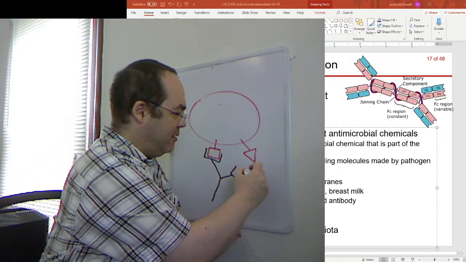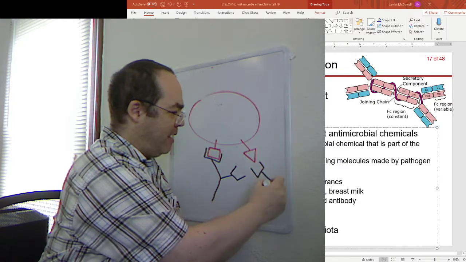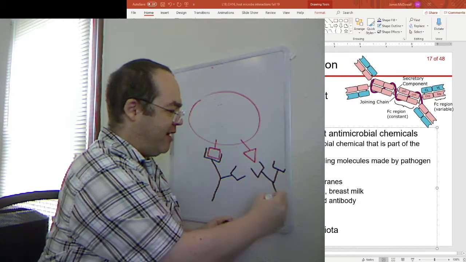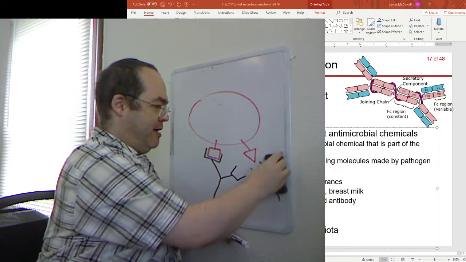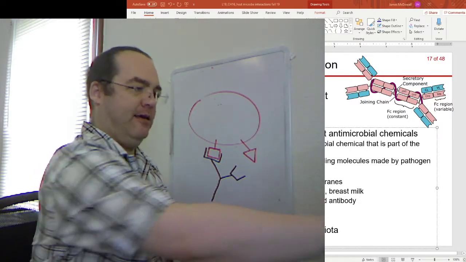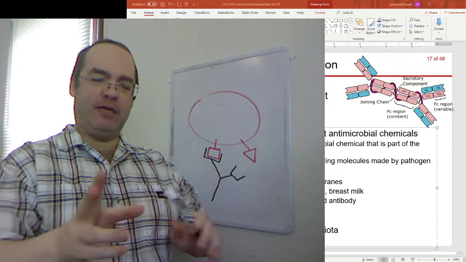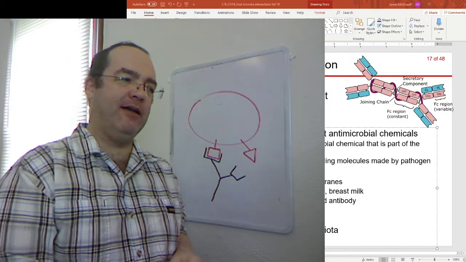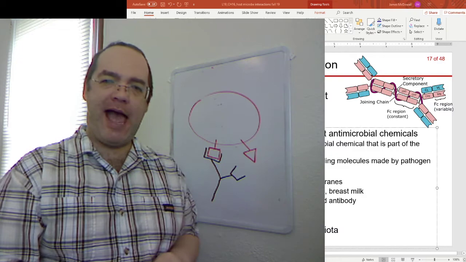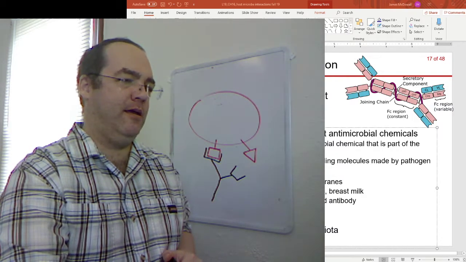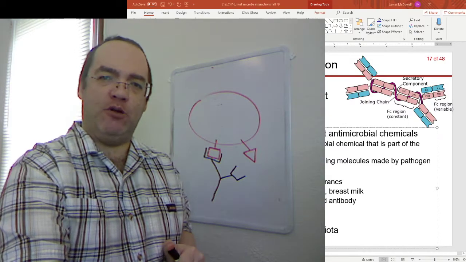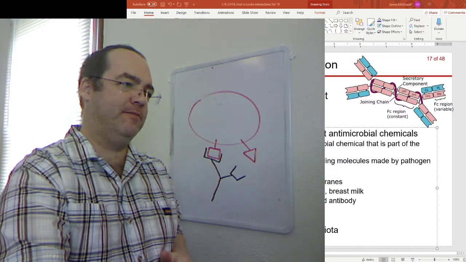And now our antibody that could once bind and recognize no longer has a shape match and can no longer stick. If it no longer sticks, it can no longer identify this particle as being a particle for the immune system to fight against.